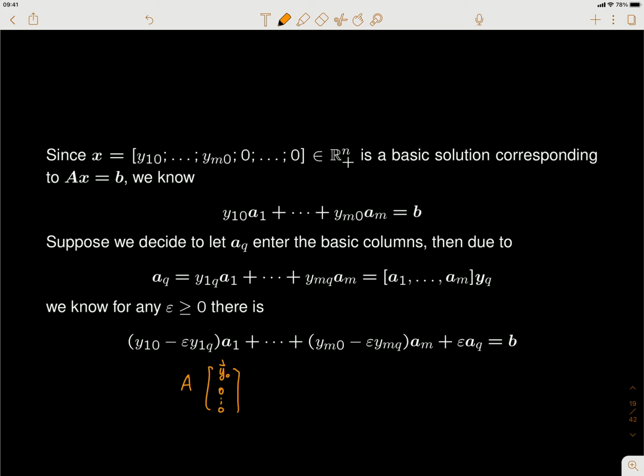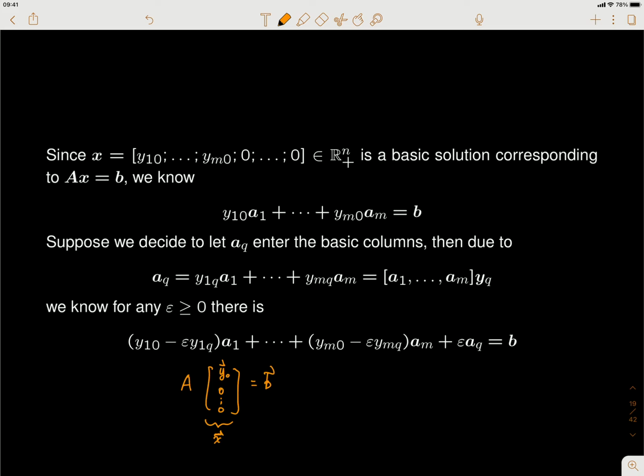So this is the basic solution that I'm having at this moment. This is the x vector, and I know that this is equal to b.